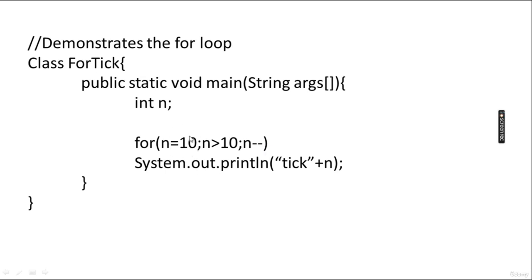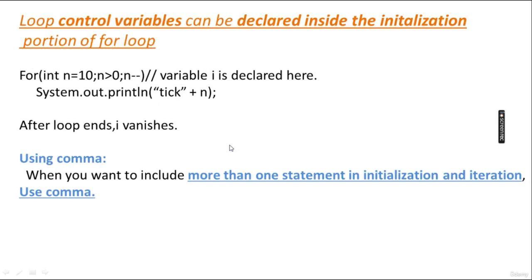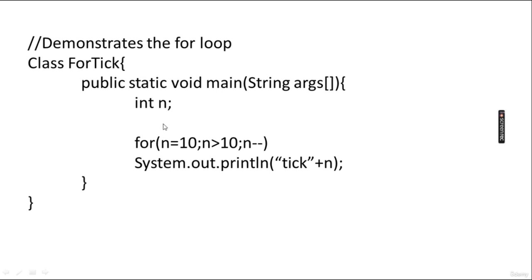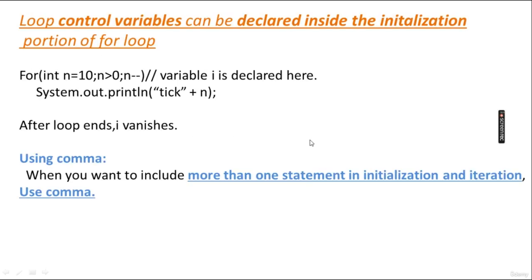Here n is initialized to 10. So n greater than 10 will not be true. After the loop ends, n vanishes. So n is 10 and n greater than 10 is not true. For that purpose, it will not go inside.